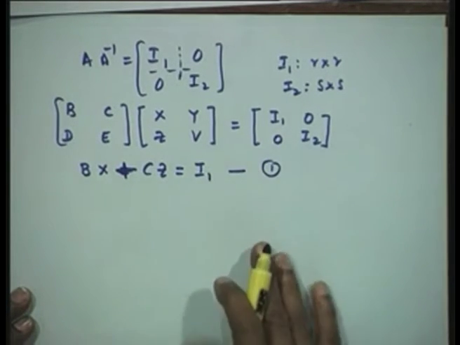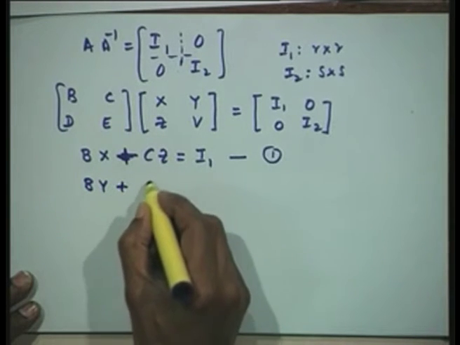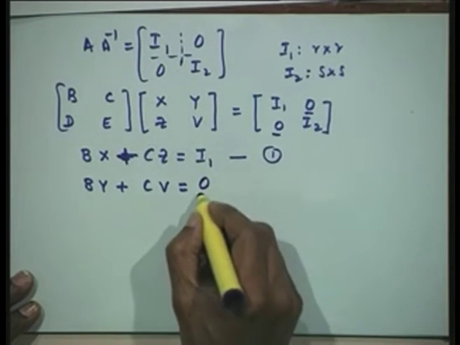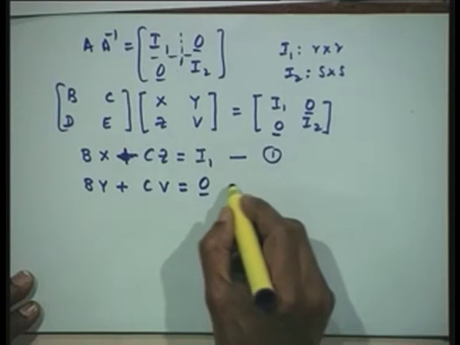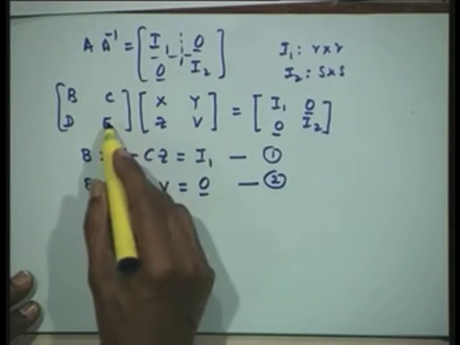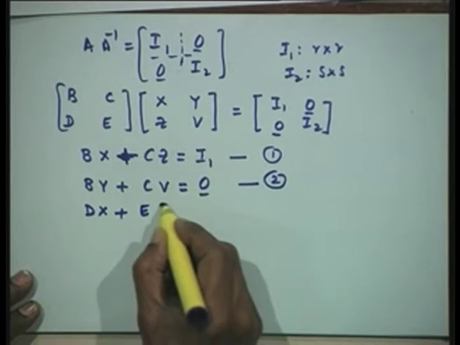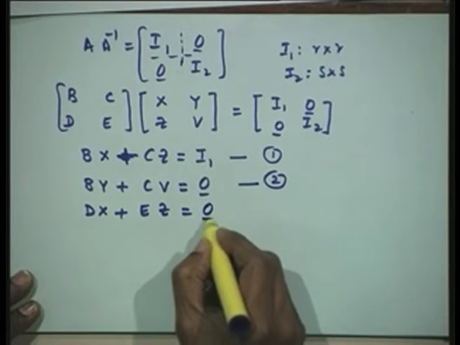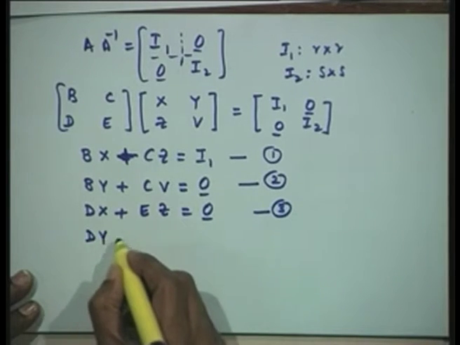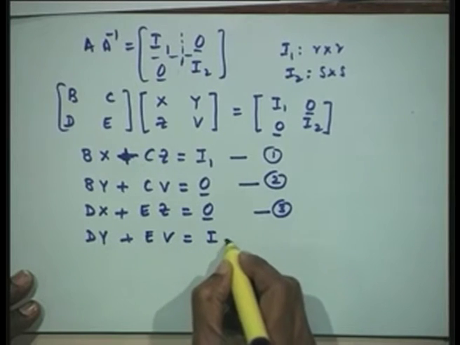Let us number it 1. Then B into y plus C into v is null, these are all null matrices. Let us number it 2. Then D into x plus E into z is null. Then the last equation is D into y plus E into v is equal to I2.